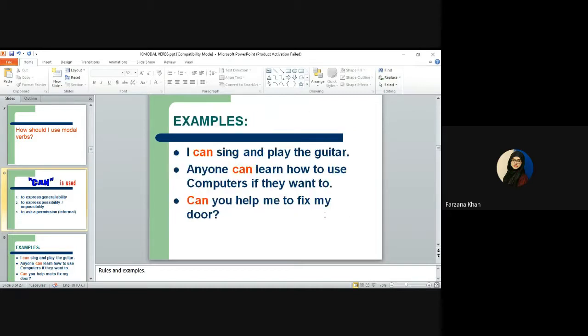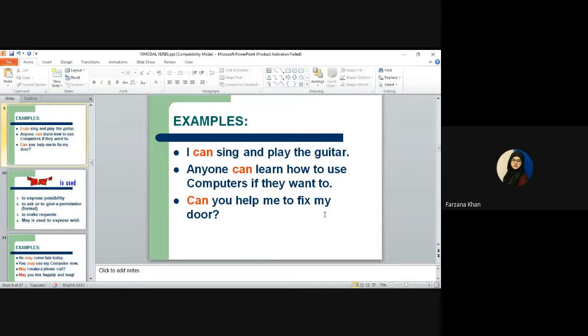Let's discuss with examples. In example 1, the sentence is, I can sing and play the guitar. In this sentence, the modal verb can has been used to tell the ability of singing and playing the guitar.